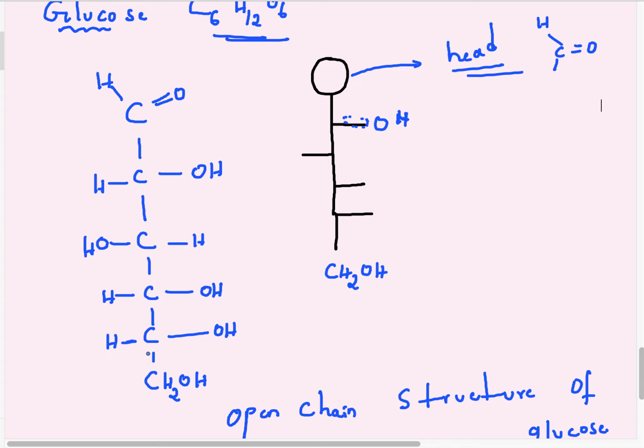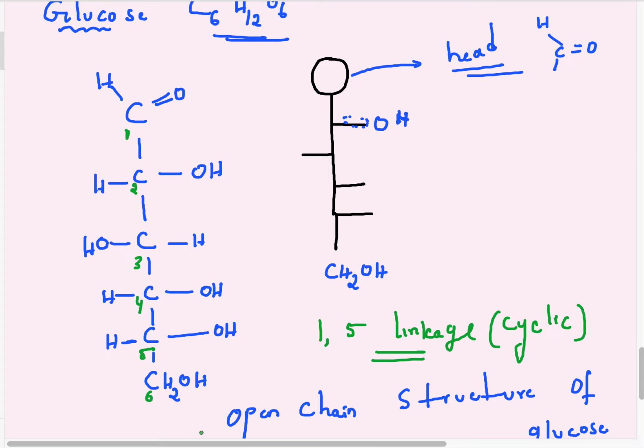And where connected? This is carbon 1, the chain terminating carbon, and 2, 3 and 4 and 5. This is 6. Yes, here I am writing an important point: 1,5 linkage, and that too what type of linkage? Cyclic linkage. See how easily we can draw the structure.